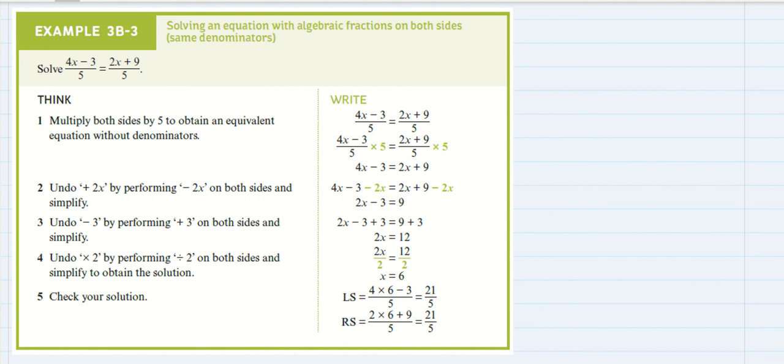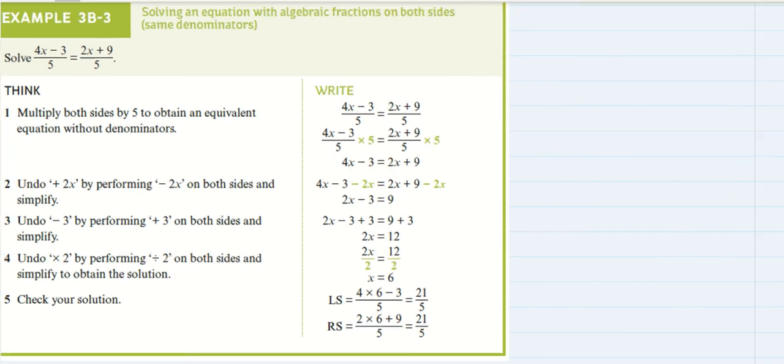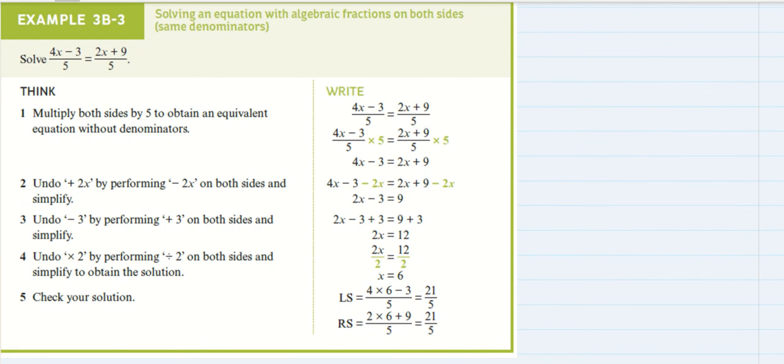Okay, if we've got algebraic fractions with denominators on both sides, well, essentially we can just cancel the denominators. So we're just going to say, well, 4x take 3 over 5 equals 2x plus 9 over 5.